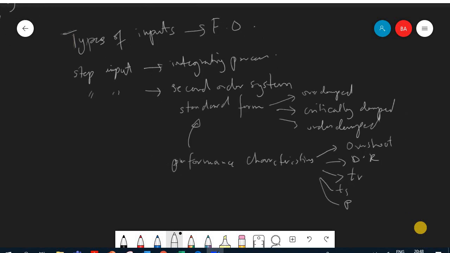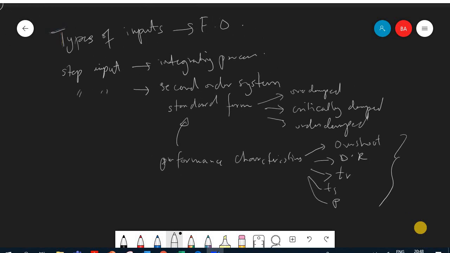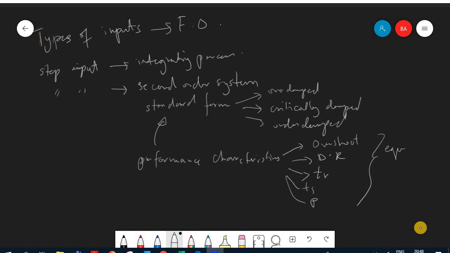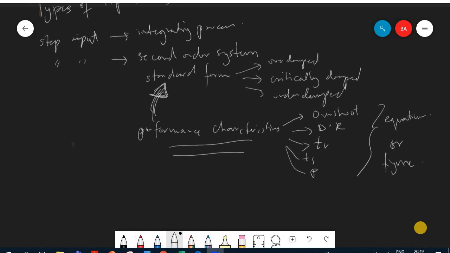We said that we either use the equations or the figure, and by using the figure or equations, I can know the performance characteristics, and also get back to find my standard form of the second order system.